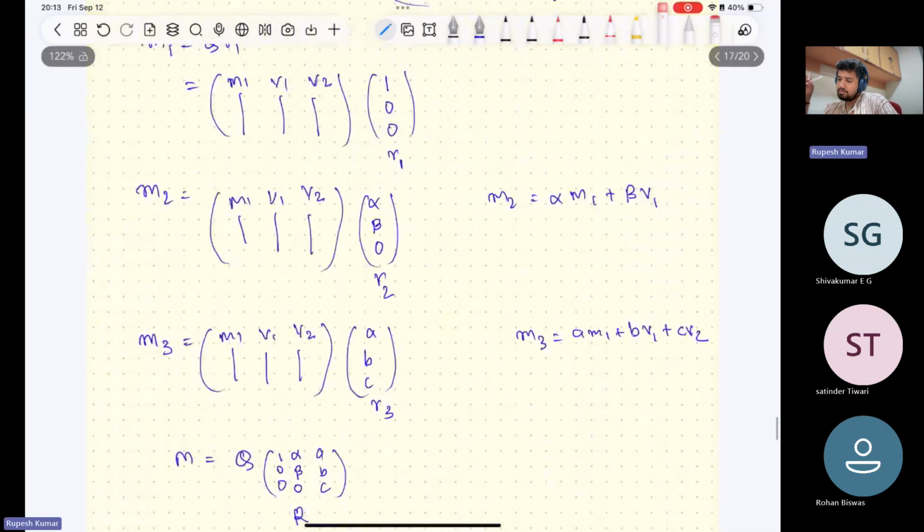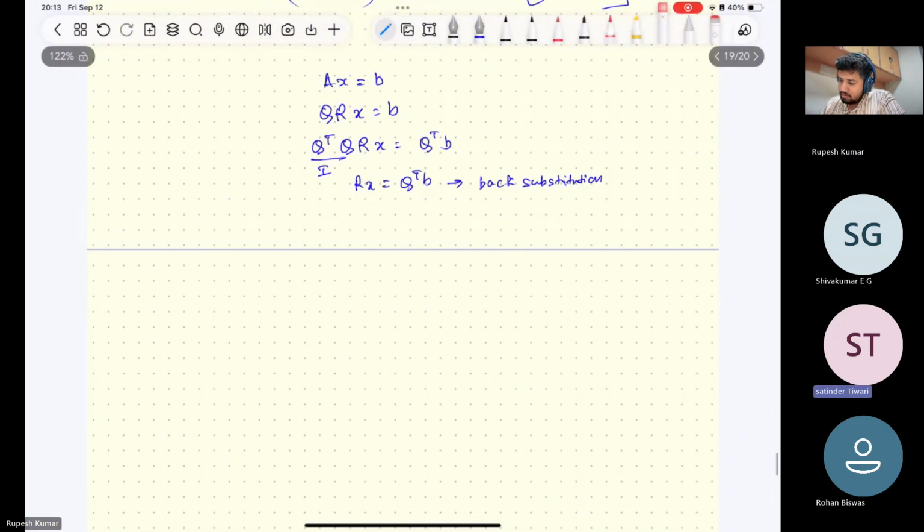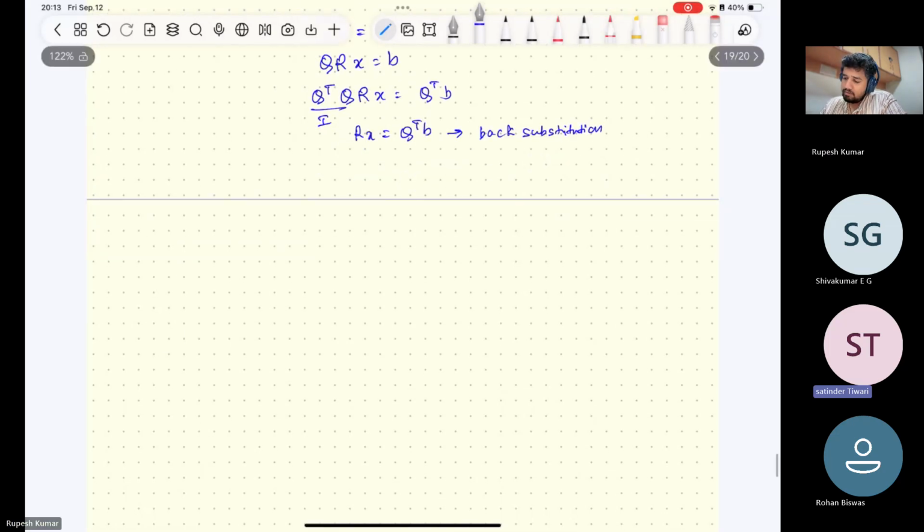Yes, that is also possible, because we can't get the projection of one vector on the other as it is already perpendicular. So that's not a problem. R will be the identity in that case, and the identity matrix is always upper triangular.